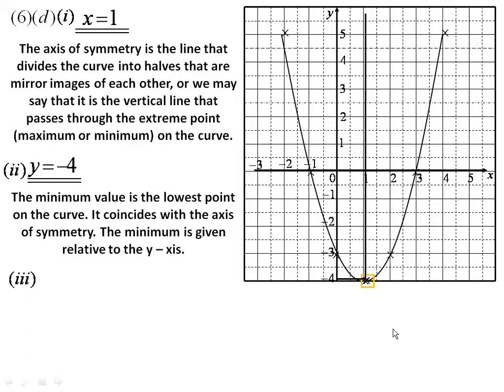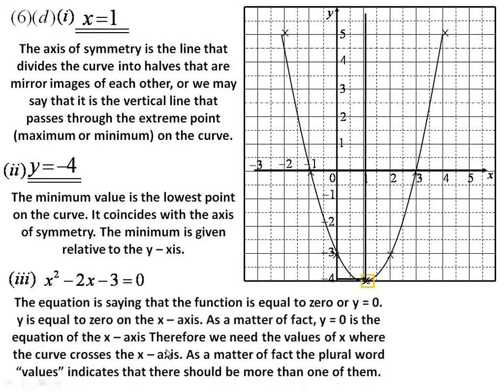Anything else? I'm sure, else we wouldn't have this large space right here. There we have an equation that we need to be able to solve without using the quadratic formula and without factorization, just to look at the graph and tell. The equation is saying that the function is equal to 0 or y is equal to 0.